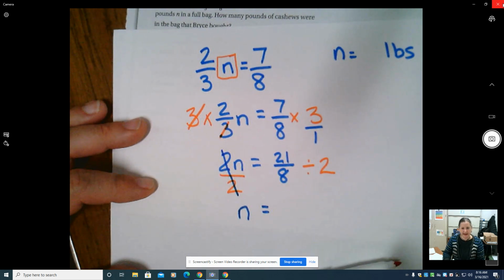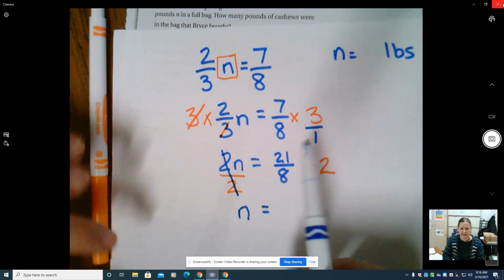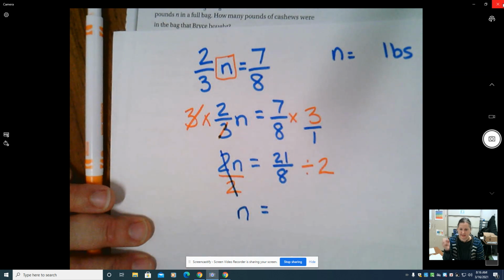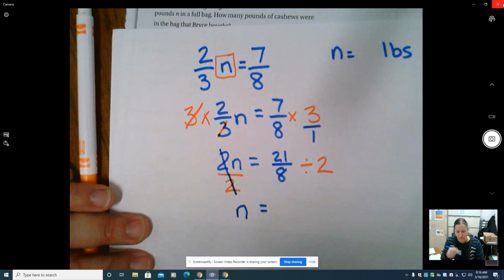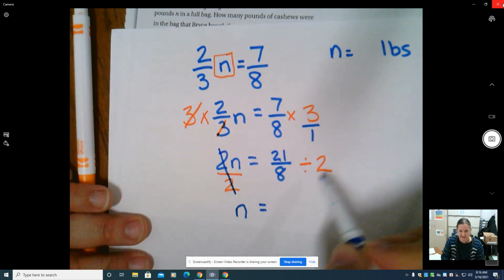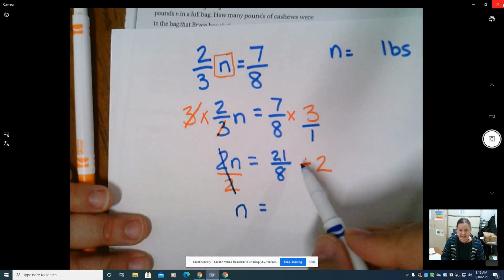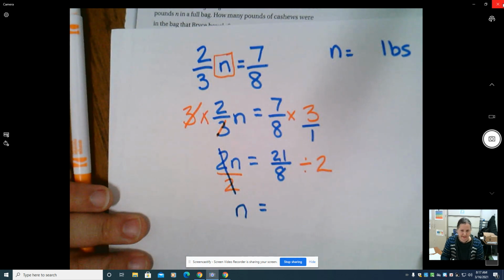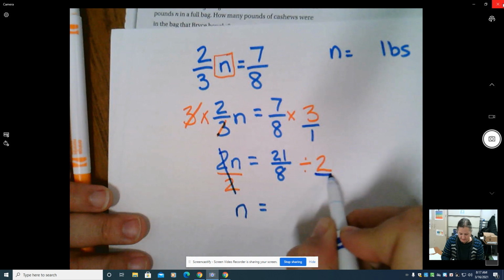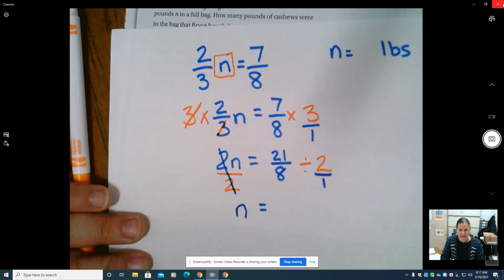Now, if you think back, the rule for dividing fractions is as easy as pie: flip the second and multiply, or keep it, change it, flip it. And this is taking the inverse operation of this 2. So again, since we're dealing with fractions, we want to make that 2 into a fraction to make it easier to work with.